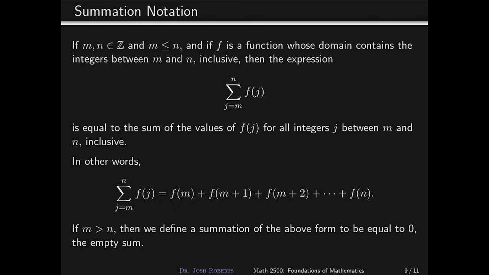So it's f of m plus f of m plus 1 plus f of m plus 2 all the way up to f of n. And if m happens to be bigger than n, we can define something called the empty sum. It's not really relevant, just something to remember because it may come up in real analysis 2. We're going to do an example next using summation notation in a more familiar way.